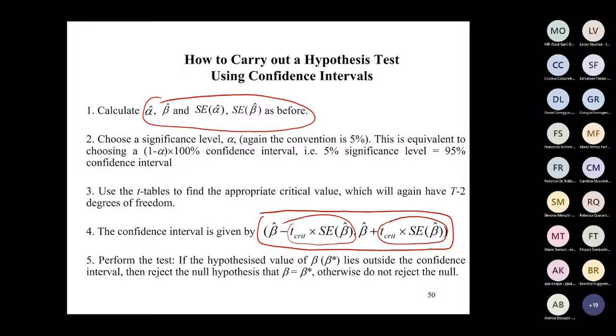I repeat, the confidence interval contains all the possible values of the coefficients: the minimum value, the maximum value, and the average value.